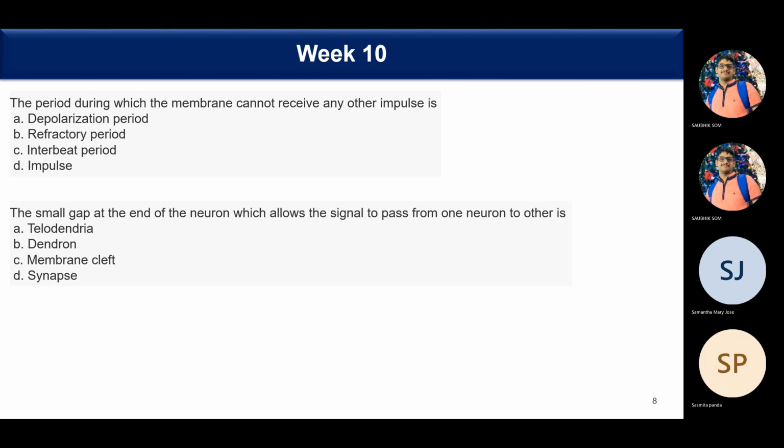This part is known as the synapse. It allows the signals to pass from one neuron to another. It's a chemical process, right? It's the synapse.